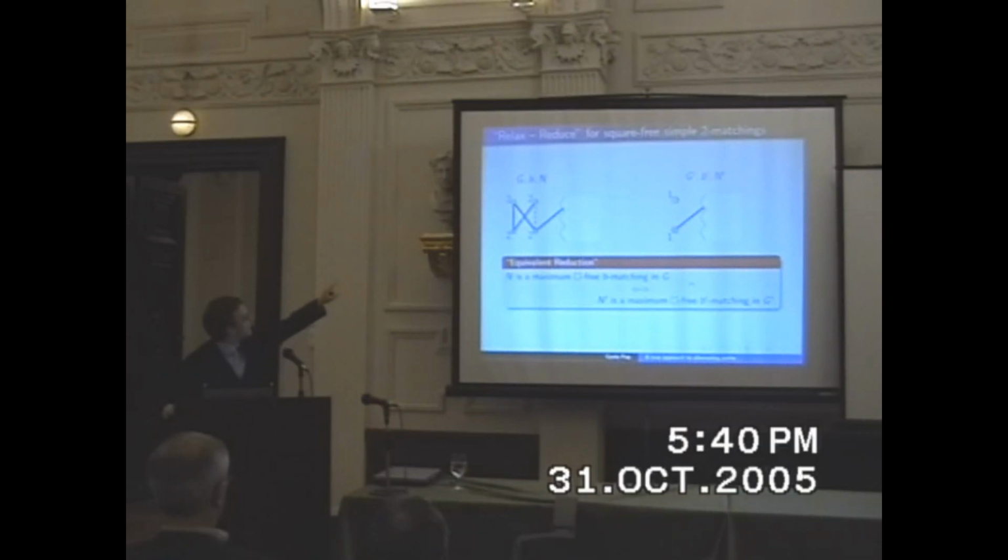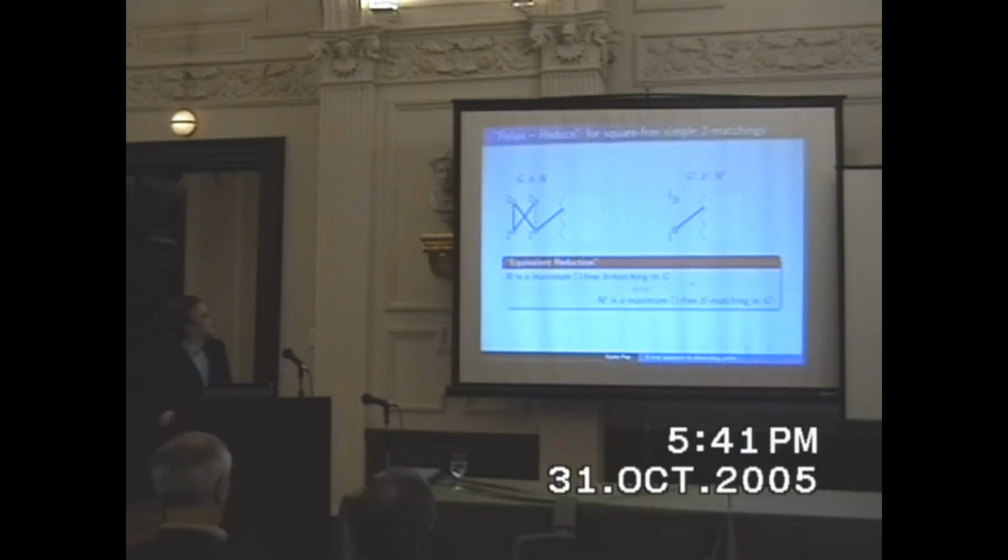So capacity will be 2. Now, given G, capacity B and the square-free B matching N, nice with that square, the reduction is defined by constructing G prime, merging the 2 yellow dots of the square and merging the 2 pink dots of the square.